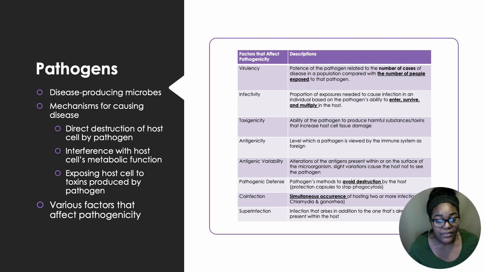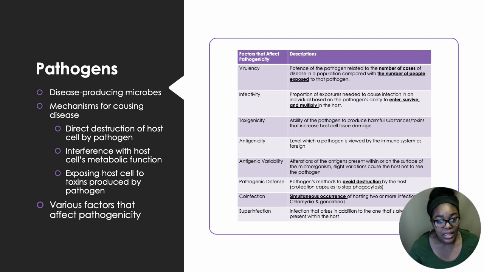So the difference between antigenic variability is that the antigen or the pathogen is changing multiple times, whereas pathogenic defense is recognized by the immune system, but that pathogen is able to prevent the mechanisms of the immune process.